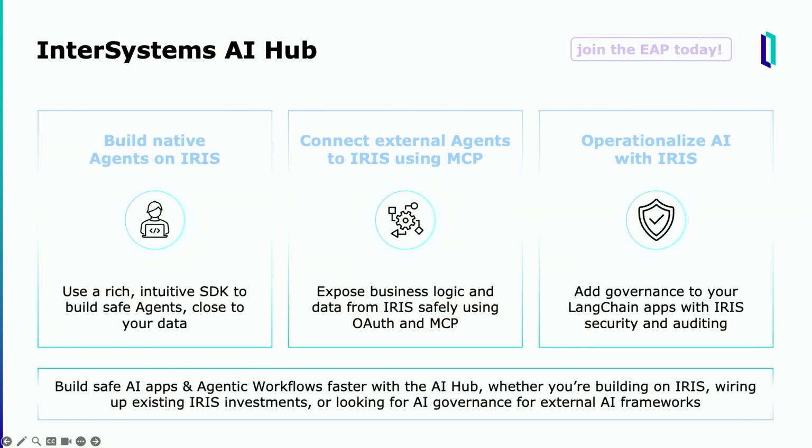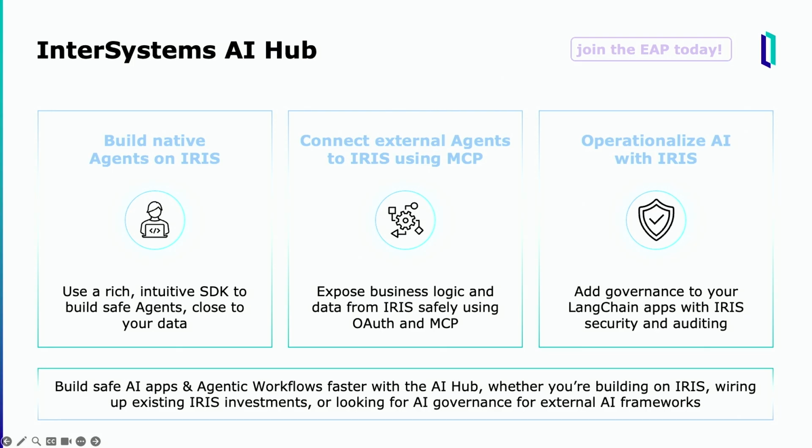The other thing you might want to check out is the InterSystems AI Hub that's coming. It's not quite here. It's in EAP form. It's coming to IRIS and IRIS for Health.